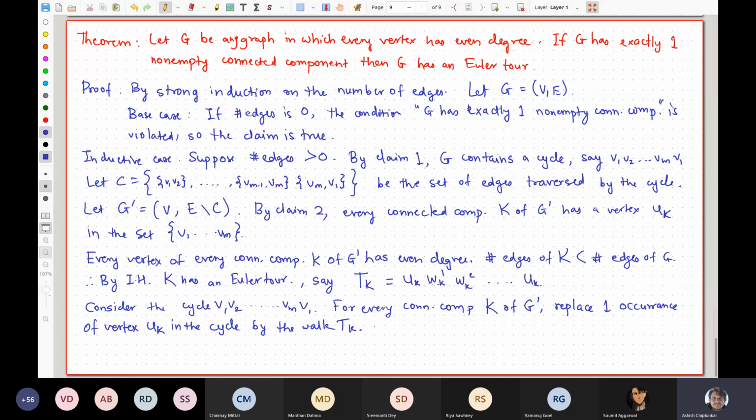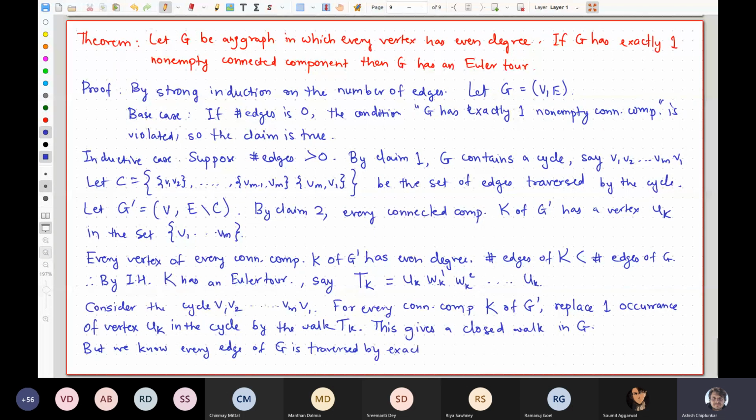So this gives a closed walk in G. And we know every edge of G is traversed by exactly one of C and the TKs. So let's call this walk W. Therefore, W is an Euler tour.